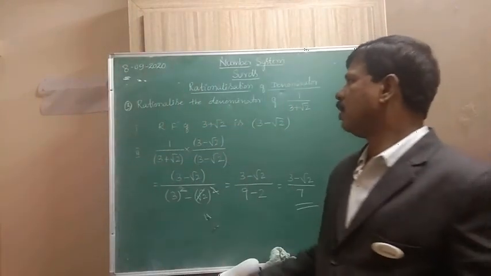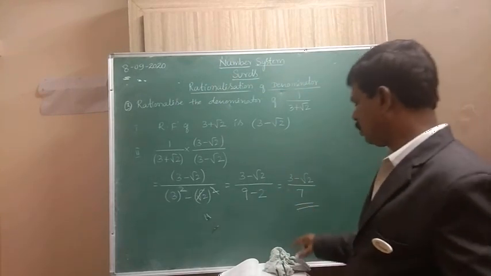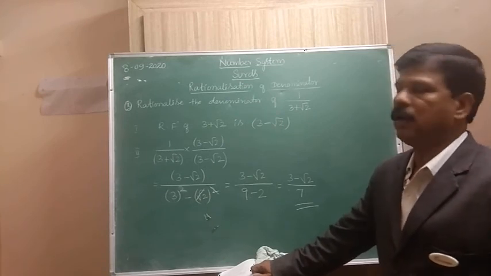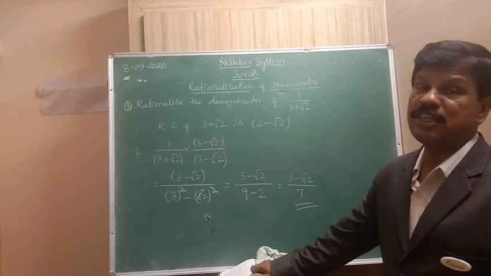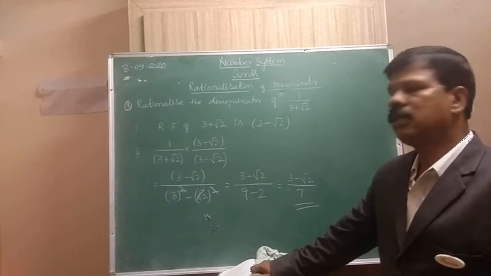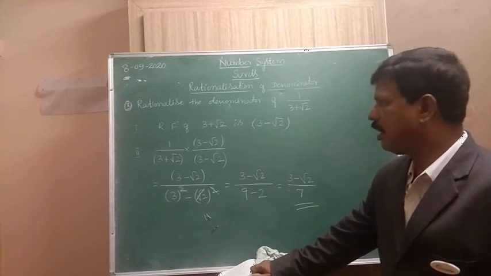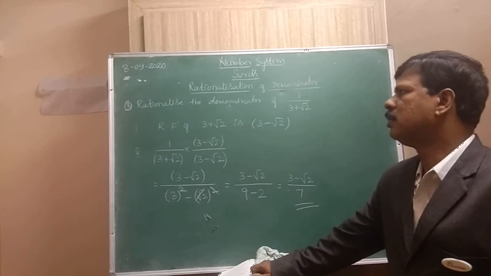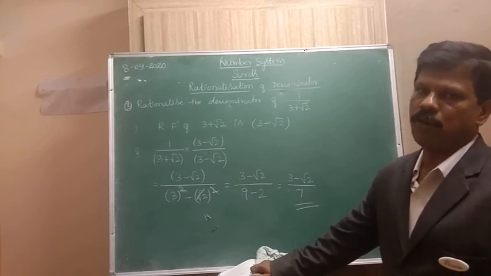Clear? Now after this you have lots of problems on the rationalization of the denominator in the reference books also. You just go through those reference books. Study well, practice all the questions, because you have the application level of this rationalization of the denominator.